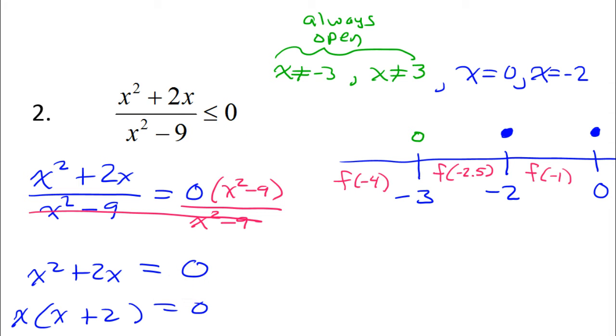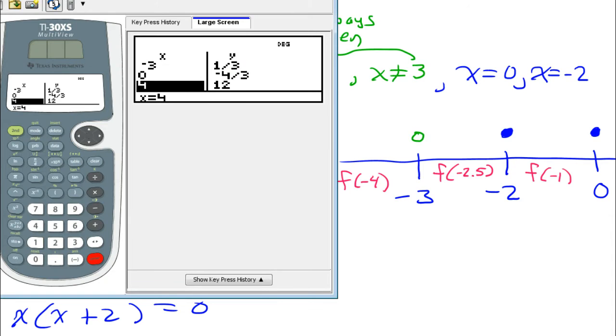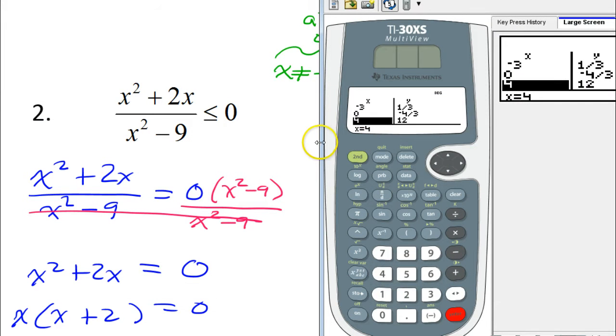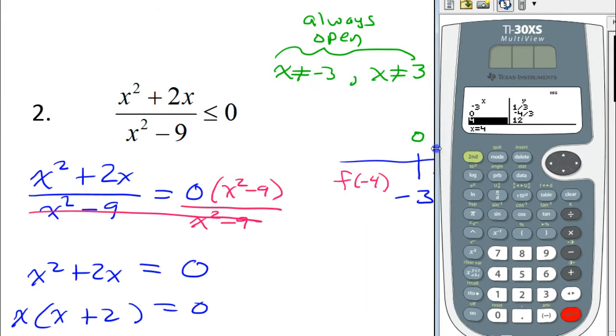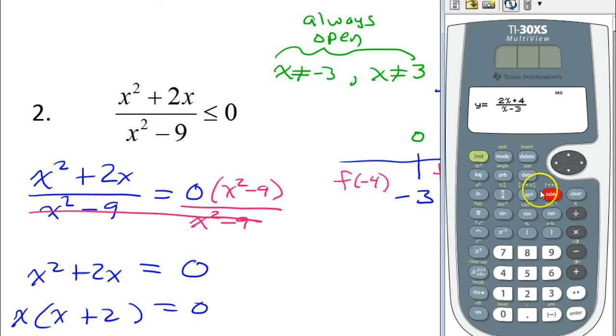So, my friends, I'm definitely going to use my calculator to help out. So, watch me work. I'll hit the table feature. I've got x squared plus 2x over x squared minus 9.